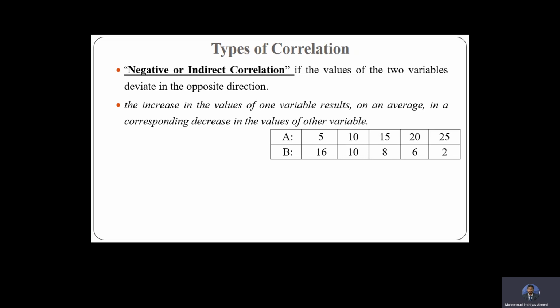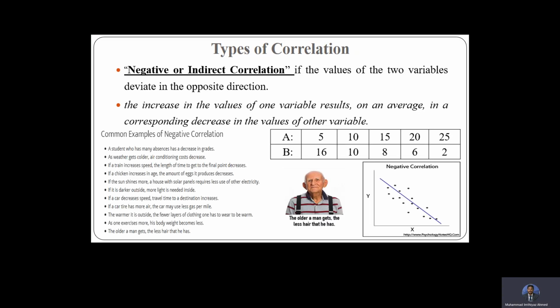Now, can you see this example? Okay, you see A and you see B. A, you can see in forward, okay, 5, 10, 15, 20, 25. You see the next one, it is starting from highest, then it is decreasing, opposite direction. Or let me tell you one more example. A student who has many absences has a decrease in grade.